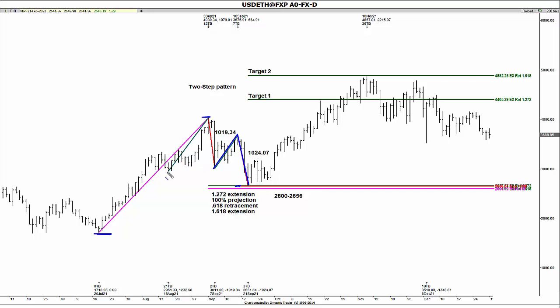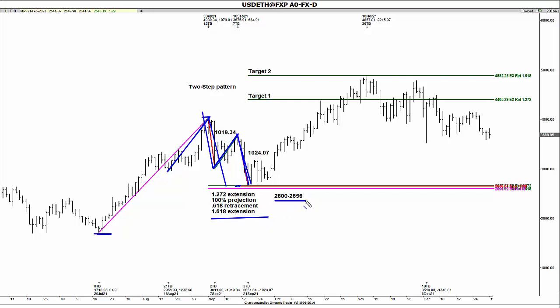But then there was also, in this case, an extra price relationship that just happened to overlap the other levels. So we had four price relationships within a zigzag pattern: a 1272 extension, a 100% projection, a 618 retracement, and a 1618 extension.